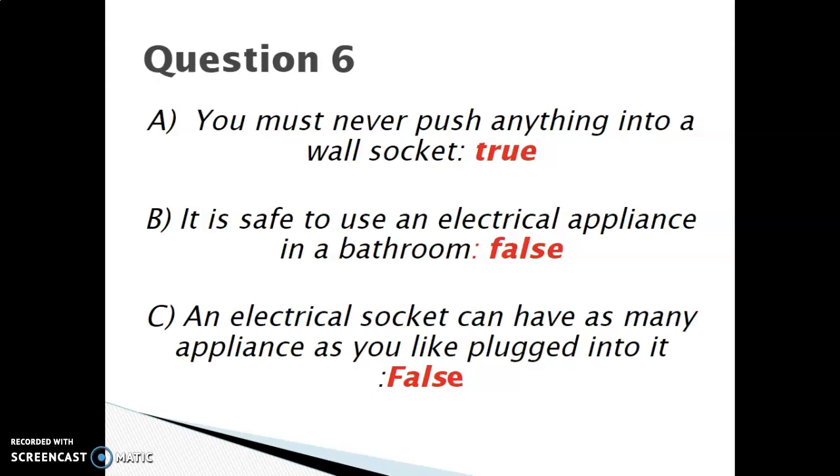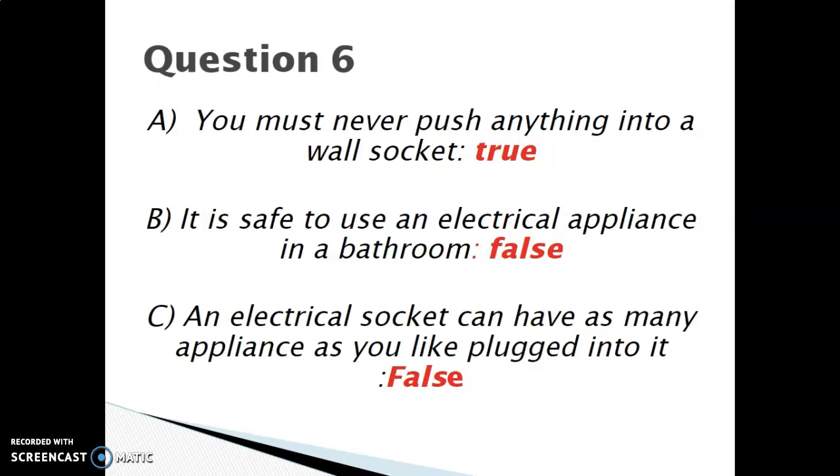Because there is water, and water is not good to be near electrical appliances. C. An electrical socket can have as many appliances as you like plugged into it.